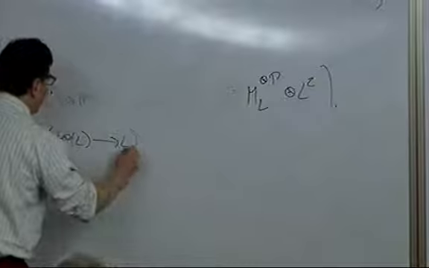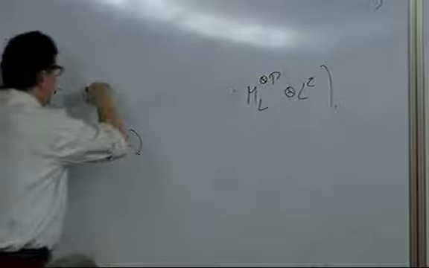So we have the tensor product of p copies of this vector bundle, M_L tensor M_L, p times, tensored with L, and then you take this multiplication map.